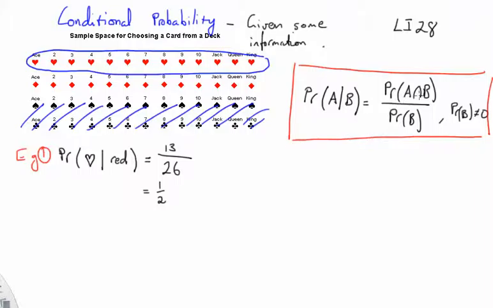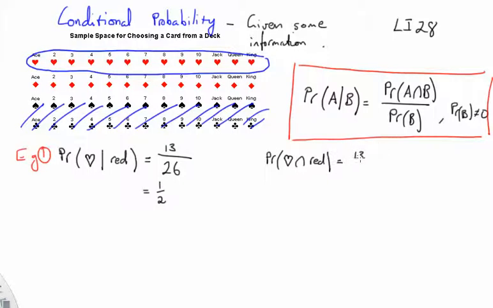We need the probability of a heart and a red card. So where do those intersect? These are all the red cards, and these are all the hearts. The probability of drawing a card that's both a heart and red is just the probability of drawing a heart, isn't it?